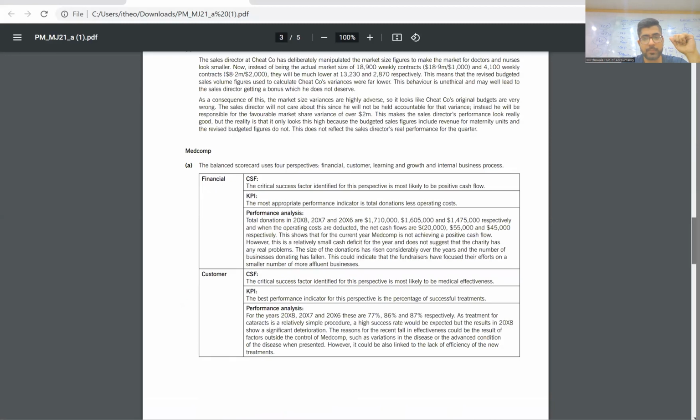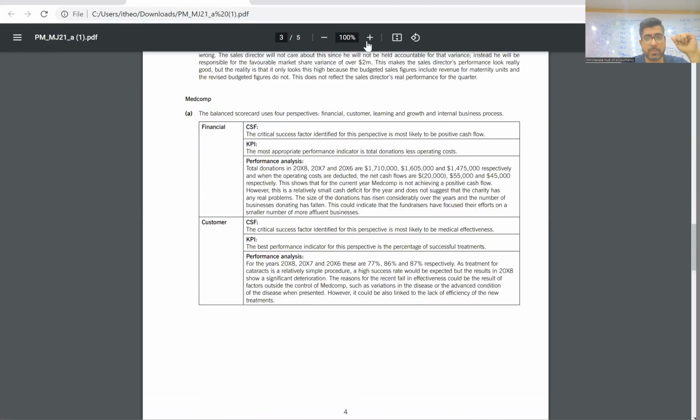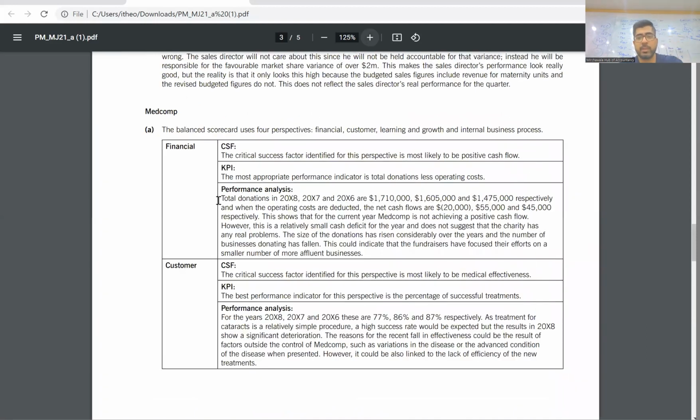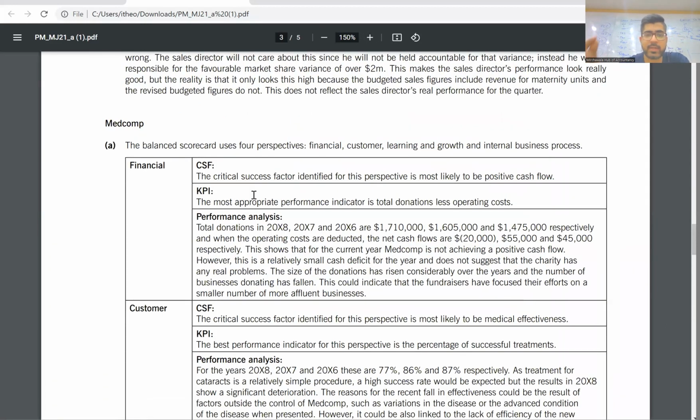Okay, see, this is the official examiner answer. What does it say? It states for financial, the critical success factor identified for this perspective is most likely to be positive cash flow.